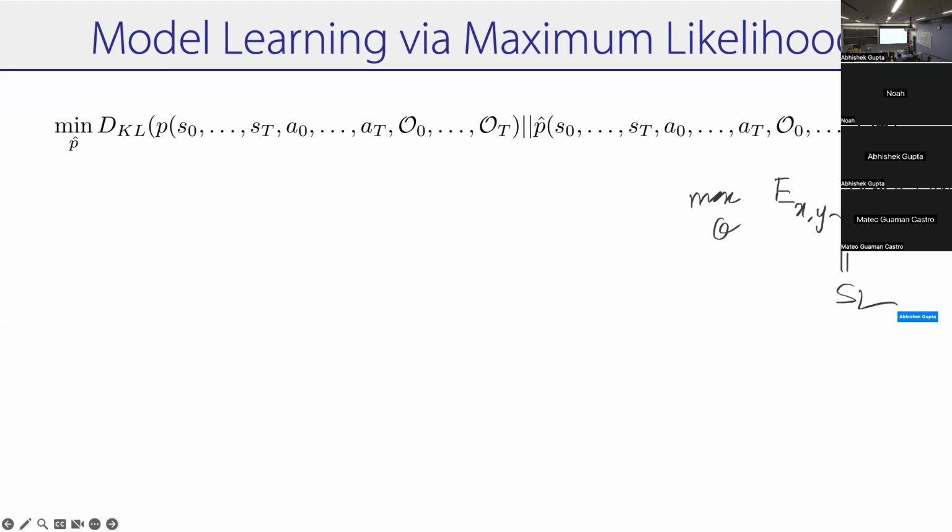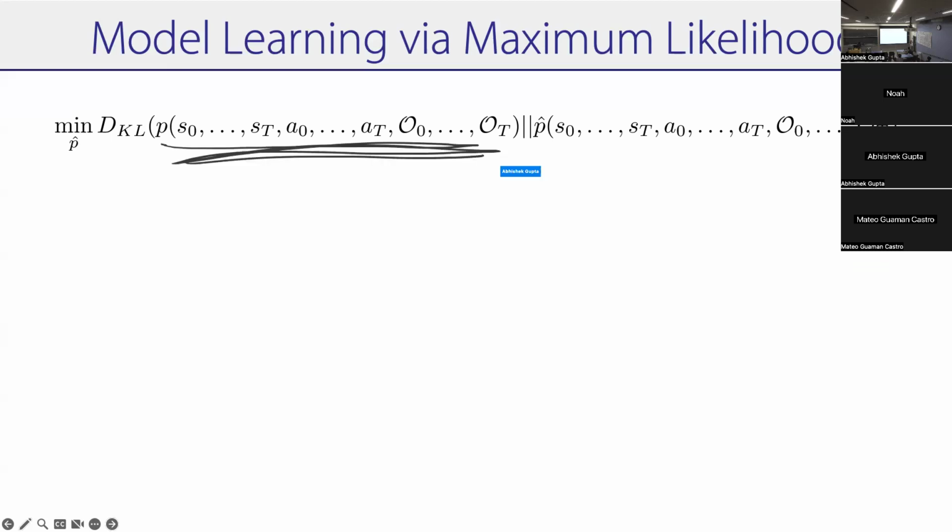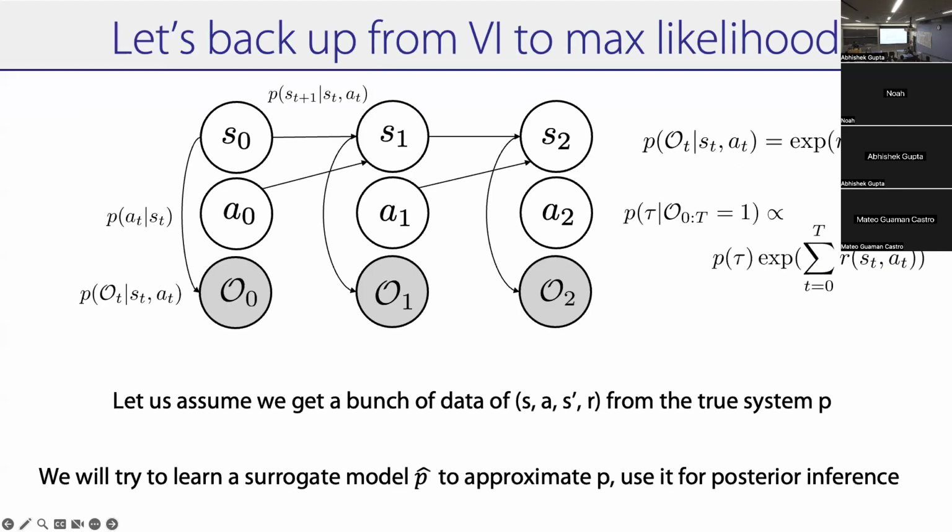So here we're just going to do maximum likelihood, but between the true p and our model p hat. p hat is going to be our approximation. Imagine that we had this graphical model. We construct a clone of it, and we try to fit that clone by minimizing the KL divergence between the two.